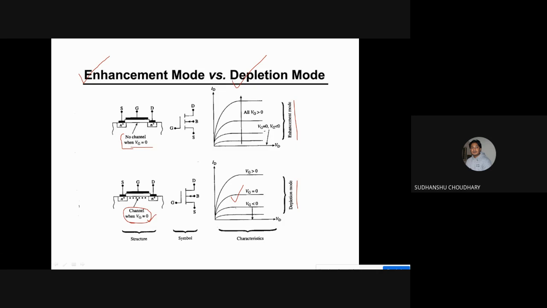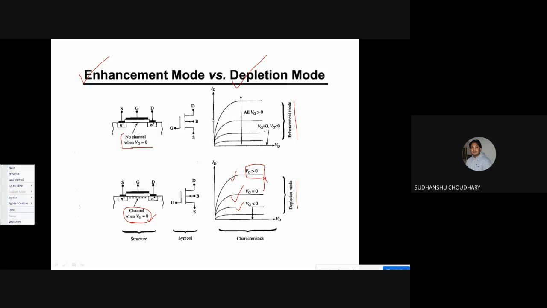Similarly, for VG less than 0 also there can be current if the channel still exists. So for depletion mode MOSFET, you don't need to apply gate bias. The current will be there if you apply VDS. But if you want to increase the level of the current, then you need to increase the gate bias from 0 to some positive value for an N-type MOSFET.